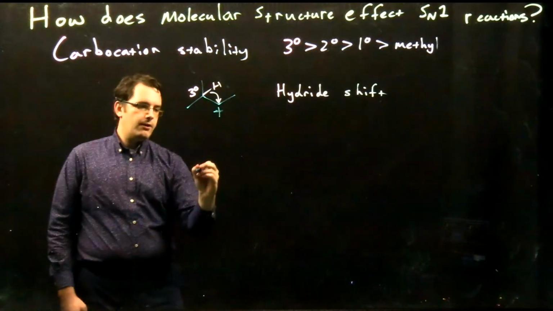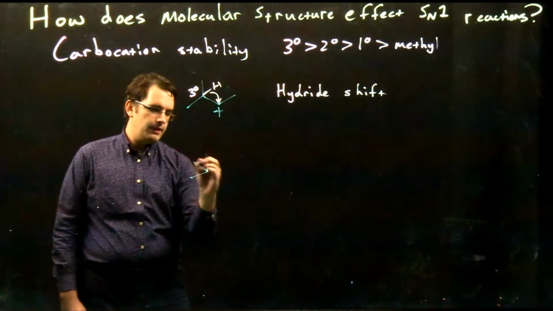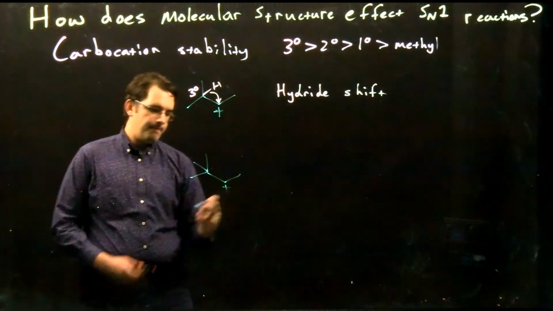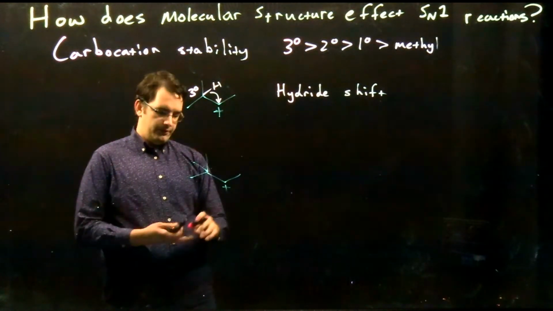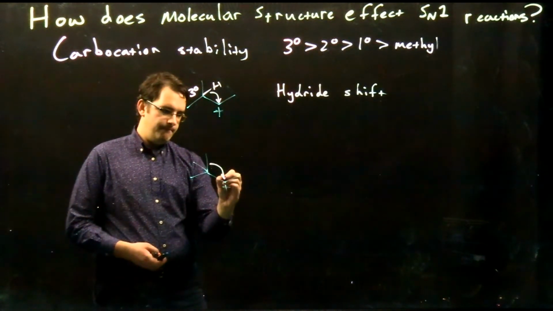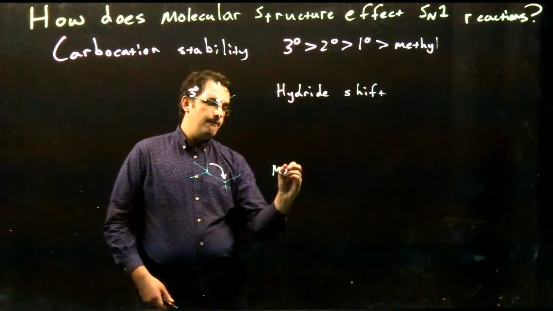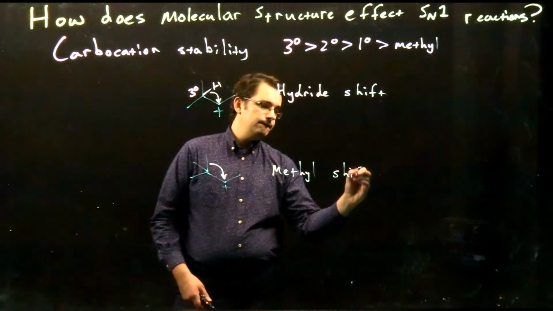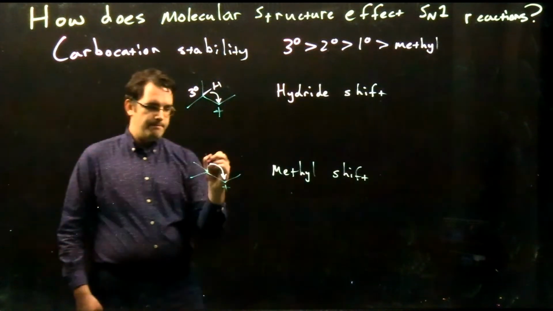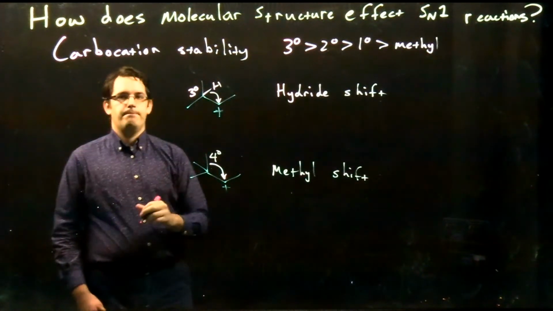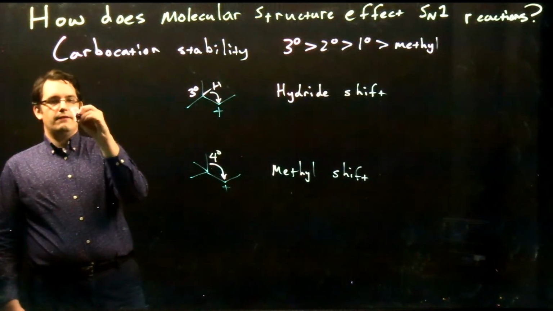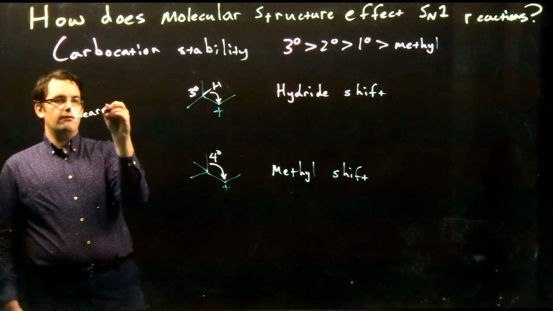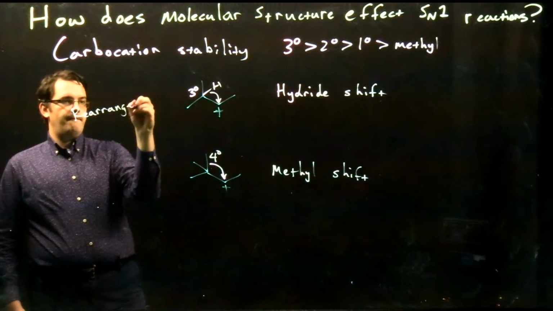And if we have a quaternary carbon next to our secondary carbocation, we can do our methyl shift. And these are both different examples of rearrangements.